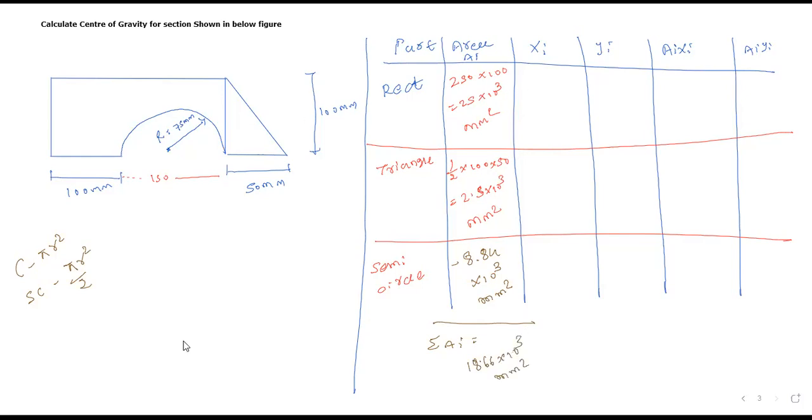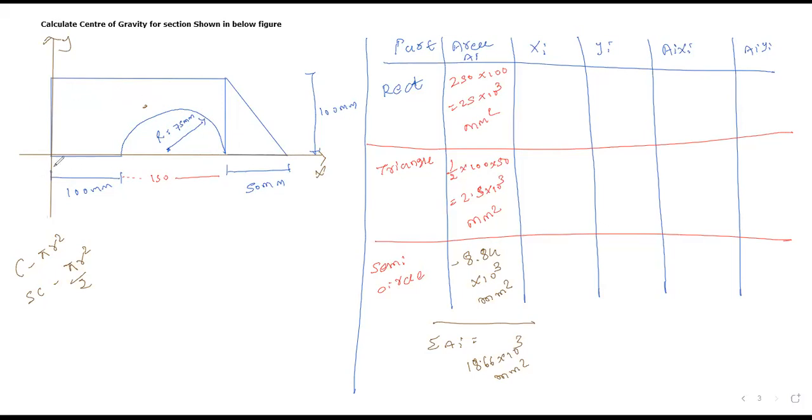Let us calculate x bar, the same way as calculated in previous examples, from the extreme left. This is your reference y axis, this is your reference x axis. I hope it is clear to all, because we have discussed it many times. This is your x, this is your y. From the center of the rectangle to the reference y axis, you will get x.